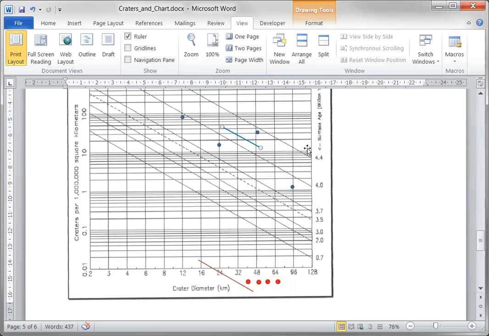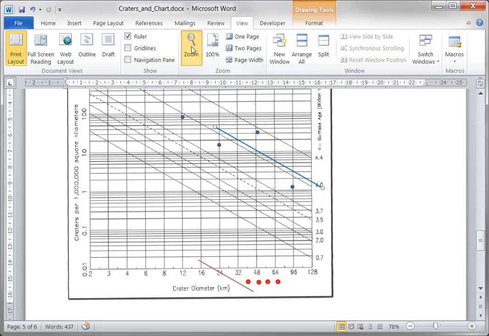These lines on the graph are isochrons, and the best fit line that you have to fit needs to be parallel to these lines. So let's say I believe my best fit line is approximately there, and I'm going to extend it. I want to extend this line beyond the axis, because that's where I'm going to read stuff off in a second.